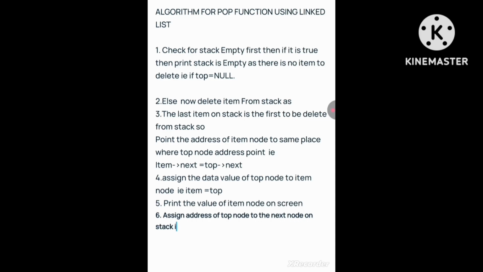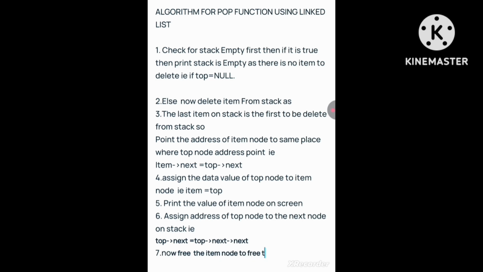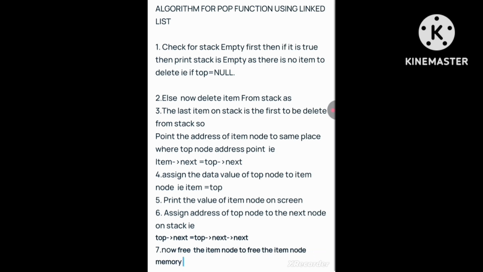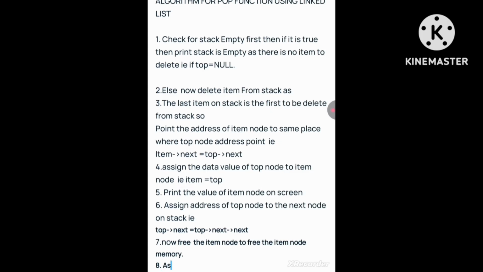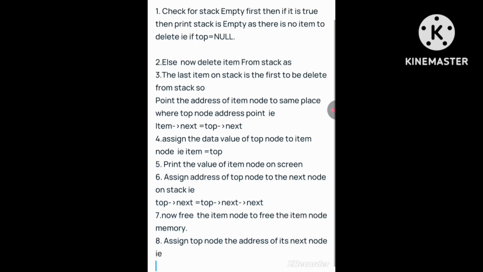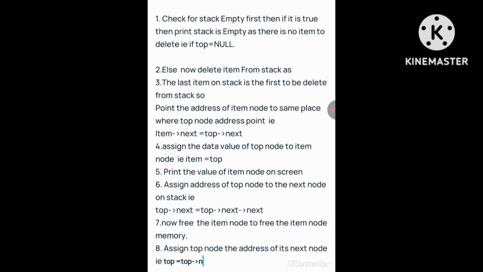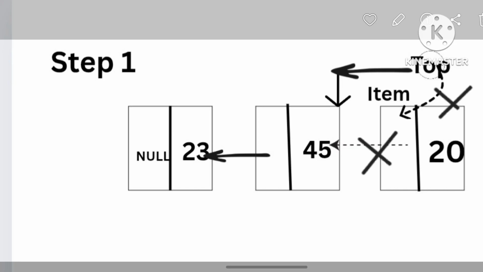That is by assigning top of next to top of next, and then we will free the item node to the memory location, and at last we will modify the value of the top pointer to be top of next. So in this way our pop algorithm will be performed using linked list.